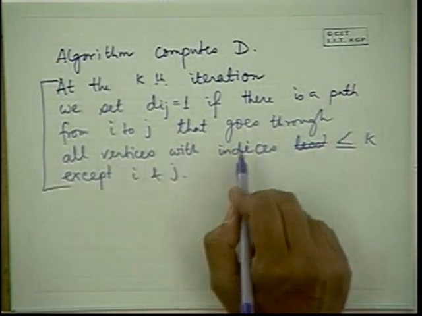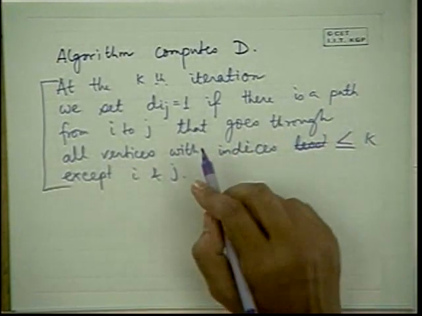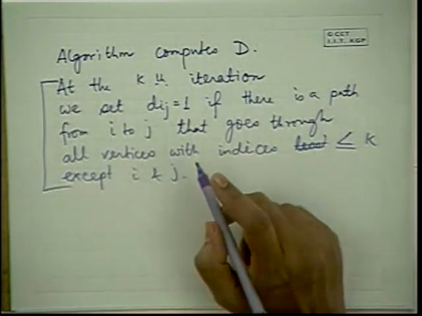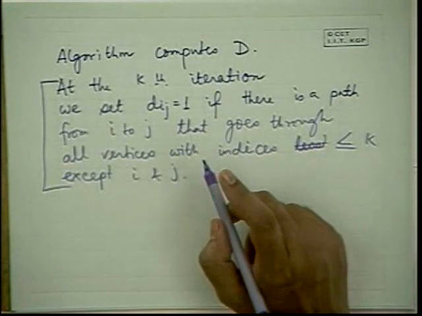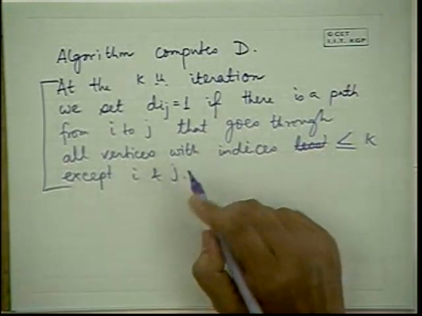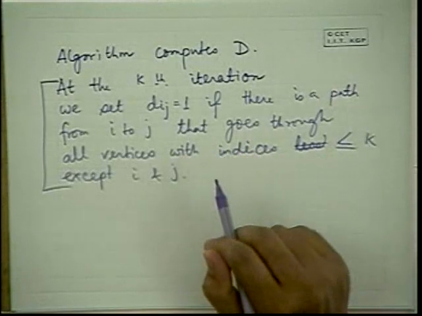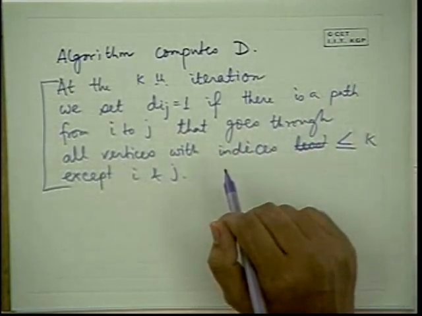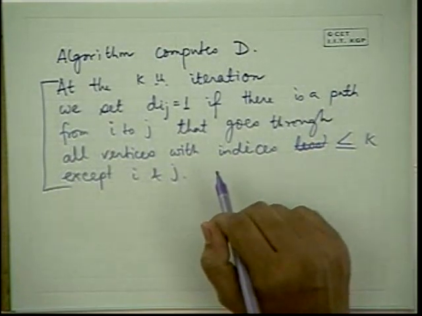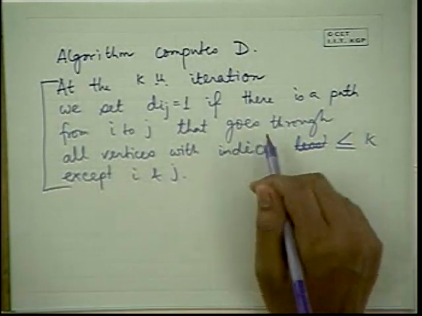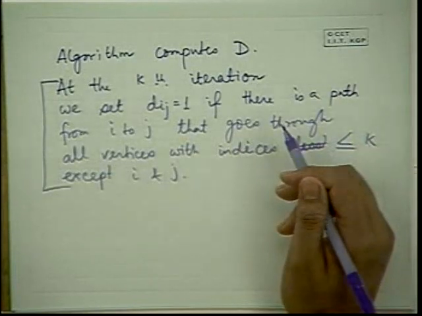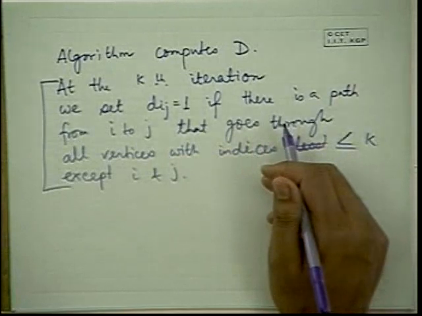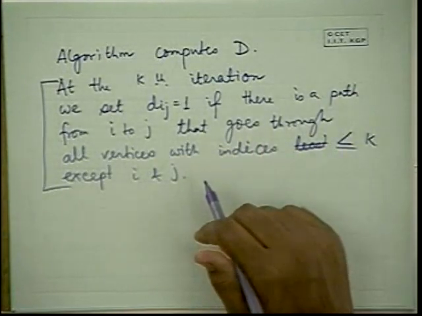Mind this time it is not the number of edges we are looking for. In the previous matrix multiplication algorithm, we were looking for the number of edges; the length of the path was important. Here it is not the length which is important, it is the index of the vertex. Whether that path has gone through an index more than k or not. If it has not, that path is okay. Then we set Dij equal to 1.